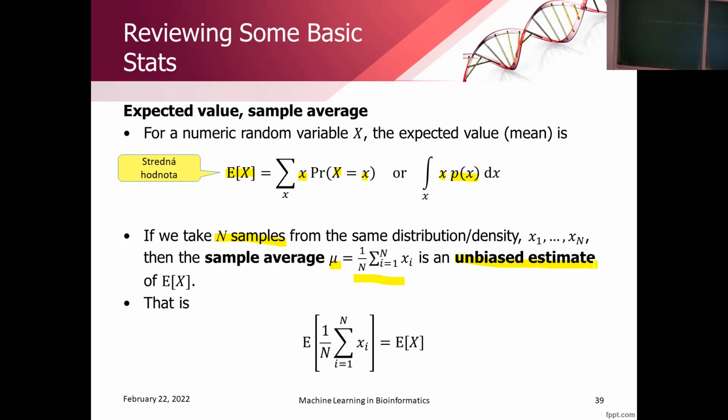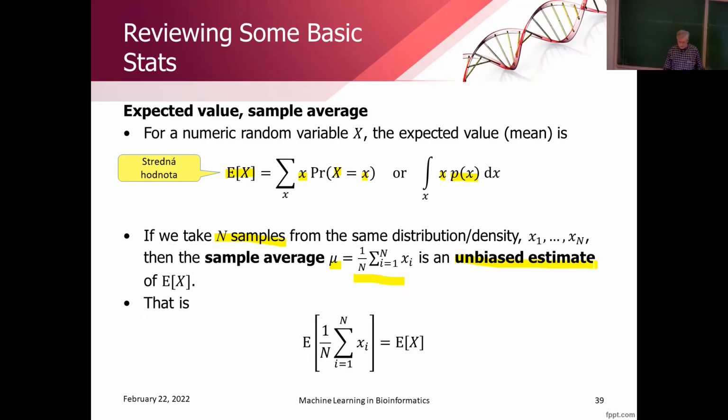So even for fixed capital N, we can perform many experiments. In each experiment, we take capital N measurements and compute the average. And this value is actually a random variable. The estimate is unbiased if this variable has the same expected value as the original random variable.